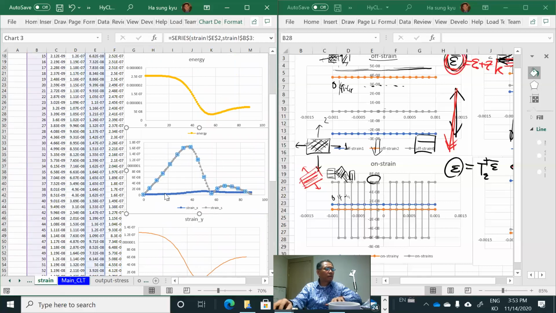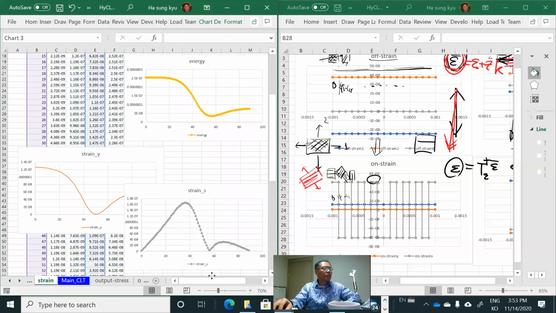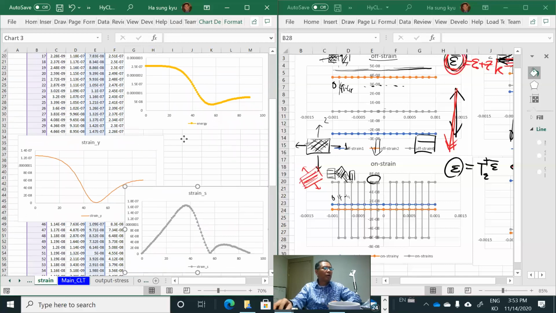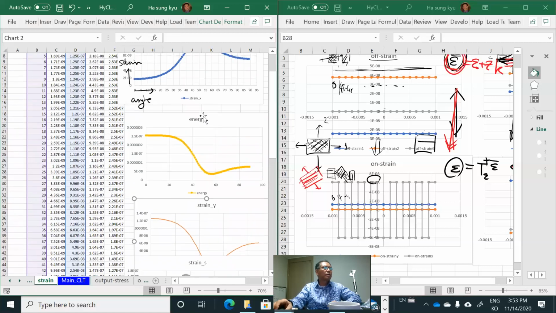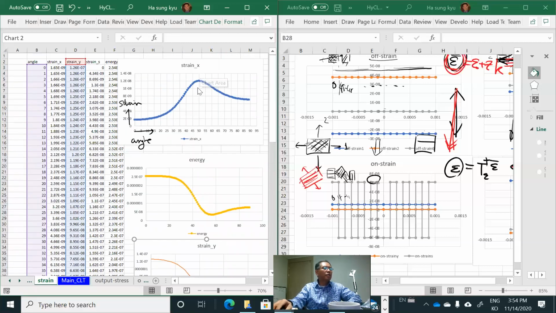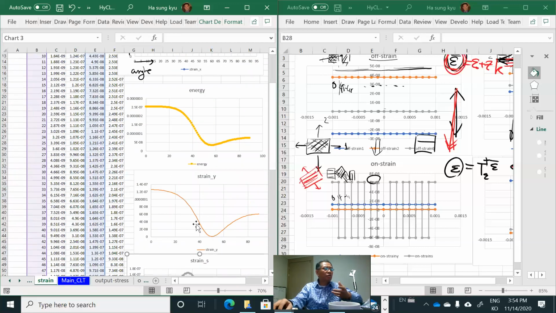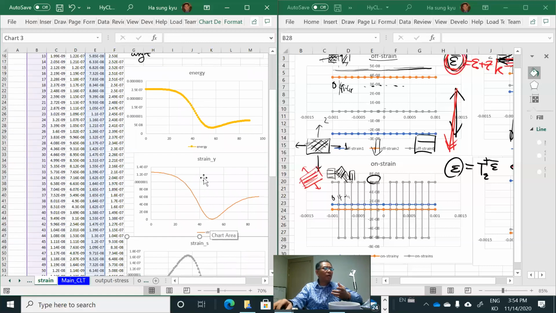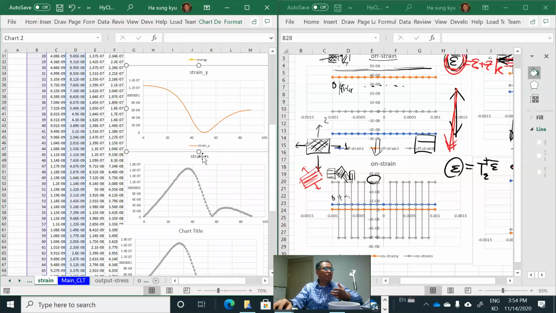Yes, I'm going to delete this. So we have strain X here, it reaches maximum, and strain Y reaches the minimum at about the same angle, like 50, and the shear strain behaves like that.